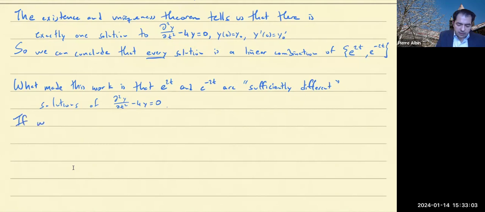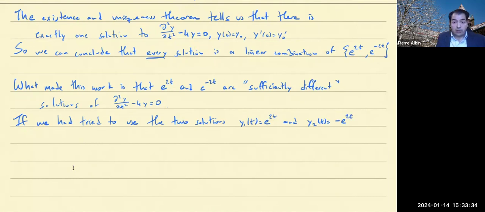So suppose we had made a bad choice of two solutions. If we had tried to use the two solutions y1 of t equal to e to the 2t and say y2 of t equal to minus e to the 2t, right? These are two different solutions of this differential equation, right?